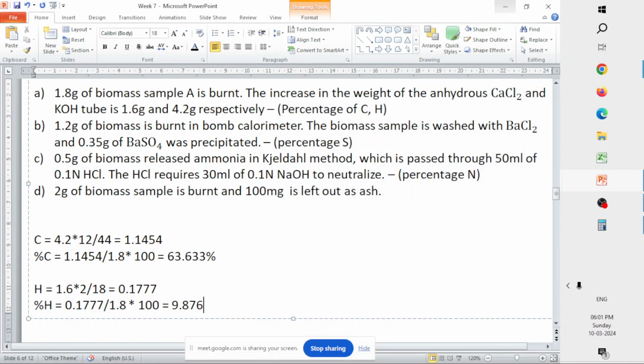This is your percentage of carbon and hydrogen.